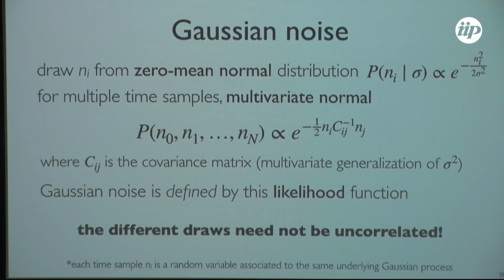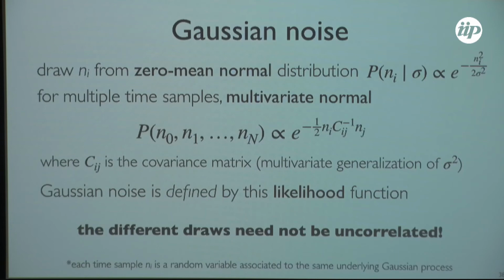When we have multiple samples, let's say I have a time series of random noise that I've sampled from, for example, LIGO, that will be described by a multivariate Gaussian or normal distribution, because each time sample is a random variable associated with the same underlying random process. If you like statistics, then you know what that means. If you don't, it doesn't matter.